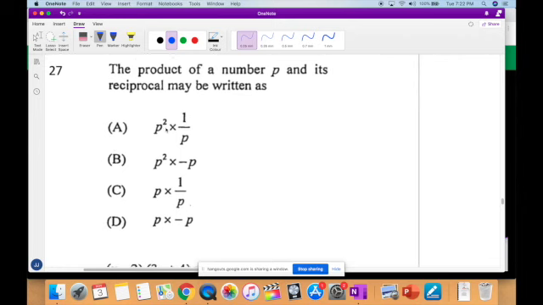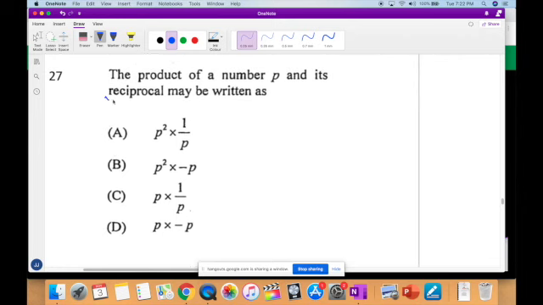What does this word reciprocal mean? We spoke about it in one class briefly. Anybody remembers? When you flip it. Reciprocal could also be known as the inverted or inversion of the number.